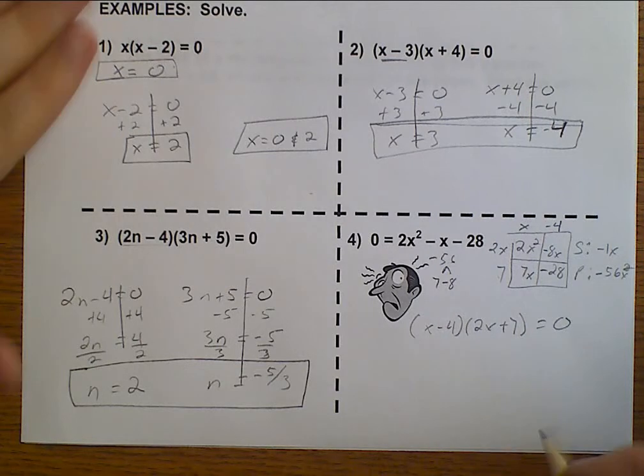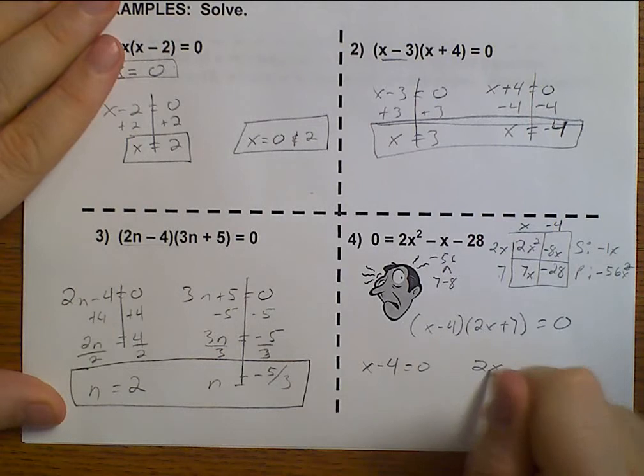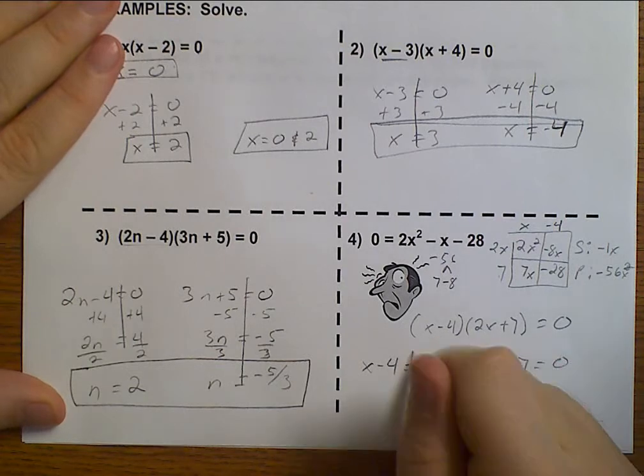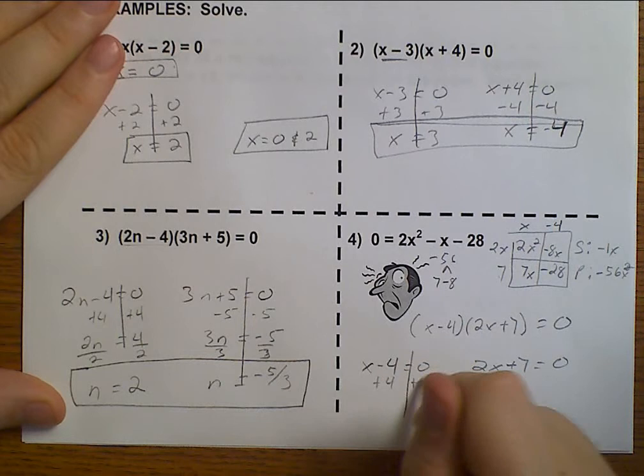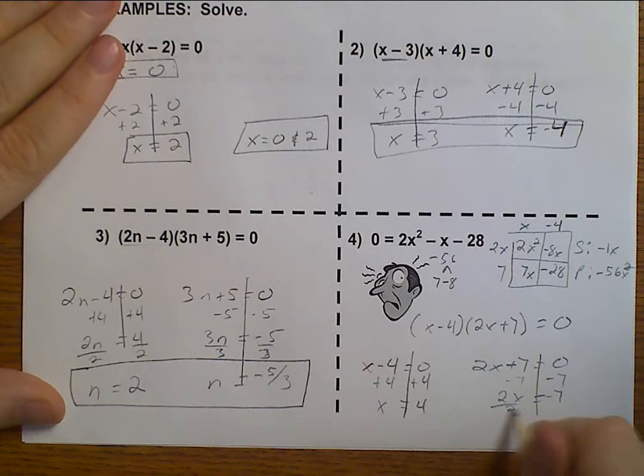From here, we just solve them. x minus 4 equals 0. 2x plus 7 equals 0. If I add 4 to both sides, I get that x equals 4. If I subtract 7, 2x equals negative 7. Divide by 2, x equals negative 7 over 2.